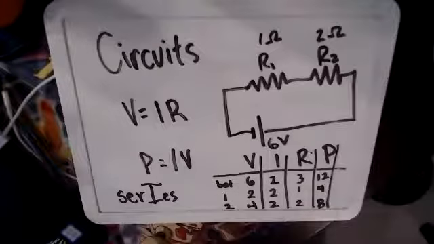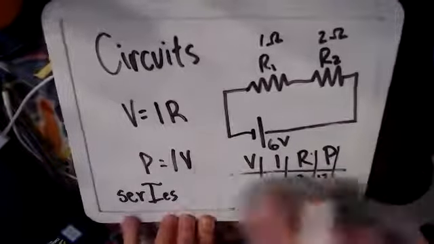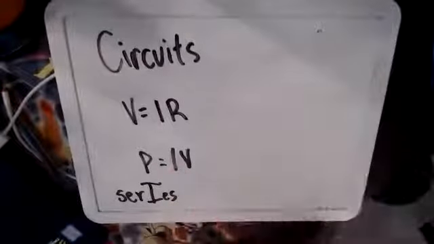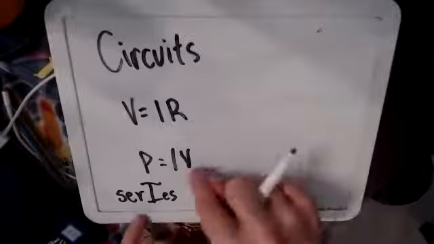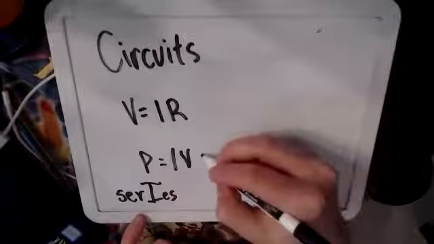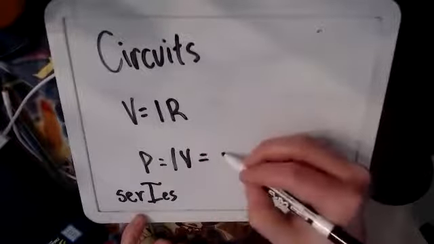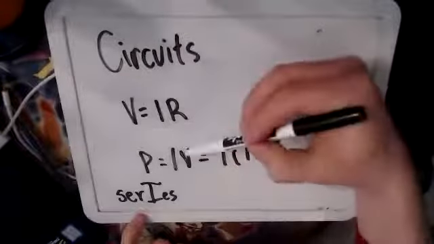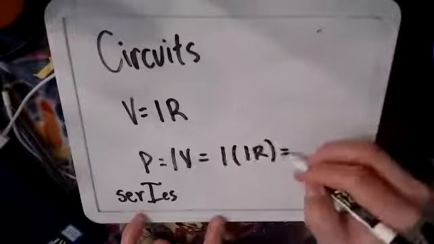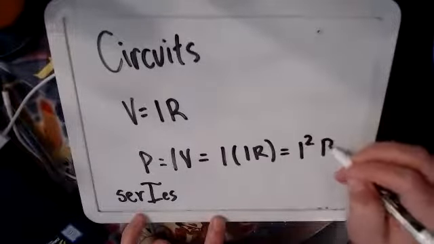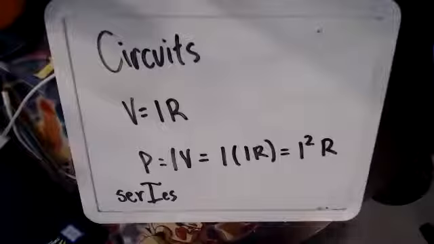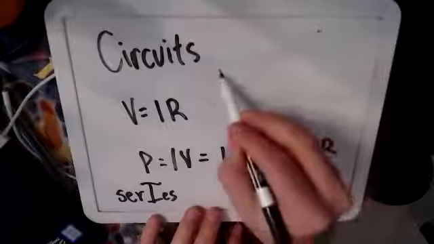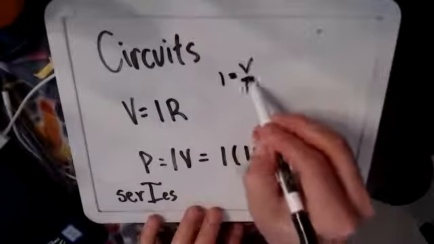Some asides associated with power as I got through that problem that you might need to use to save you a little bit of time: if I know that P equals IV and V equals IR, then I can say that this must equal I times IR. I substituted this V with that V, and I can say that that is equal to I squared R. In addition, for that being I squared R, I can make a substitution with the I and say that I equals V over R from my Ohm's law statement.